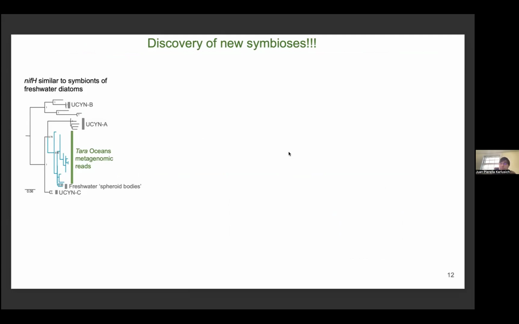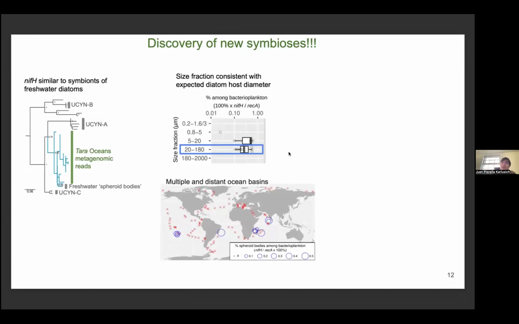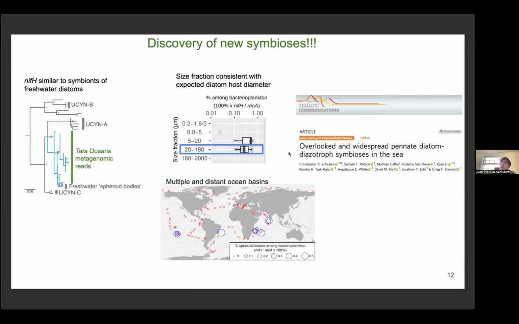These metagenomic reads were mainly present in a size fraction that is considered to be the size of the host, and in multiple and distant ocean regions. After that work, another independent scientific group was able to effectively isolate this symbiosis that seems to be what we saw from the ocean's metagenomes.